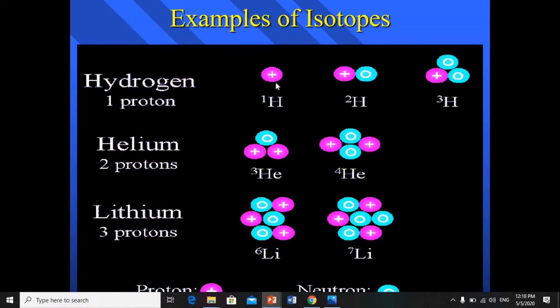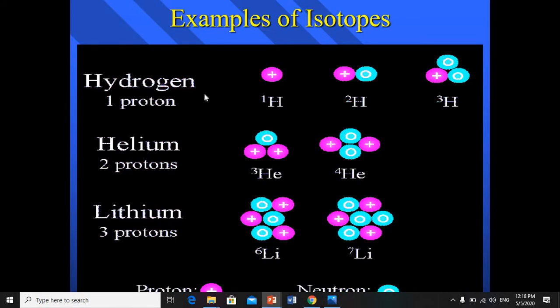So in this case, if I don't have neutrons here, this means that the mass number equals 1, because there are no neutrons here. While here, if I'm asking you about the mass number, if it has one proton and one neutron, this means that the mass number is 2, as you can see. Here, the mass number is 3, so we have 2 neutrons while we have only one proton.